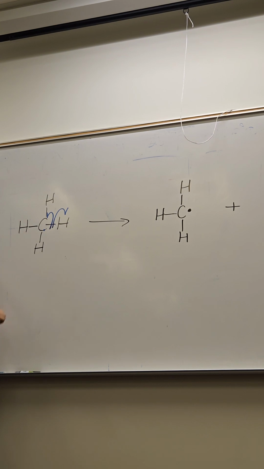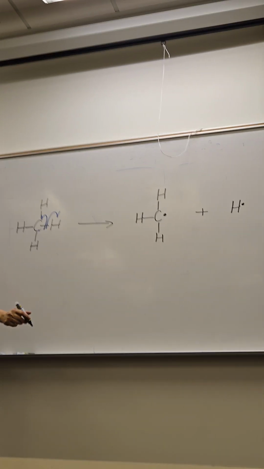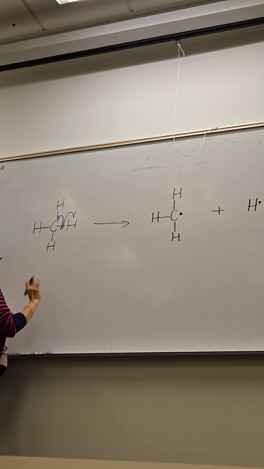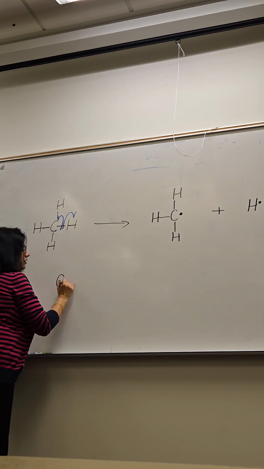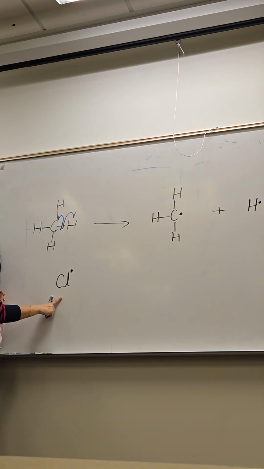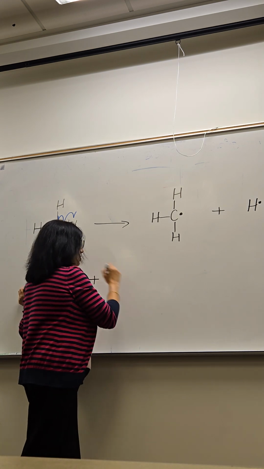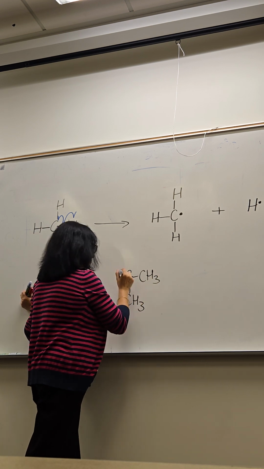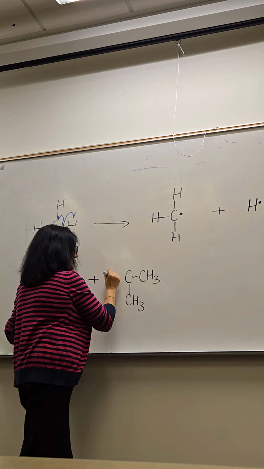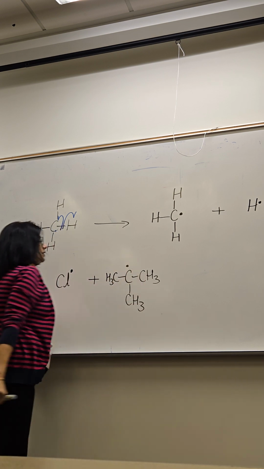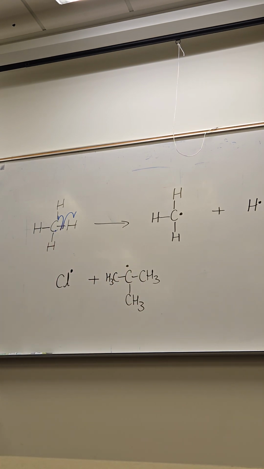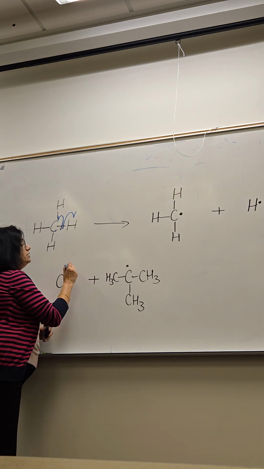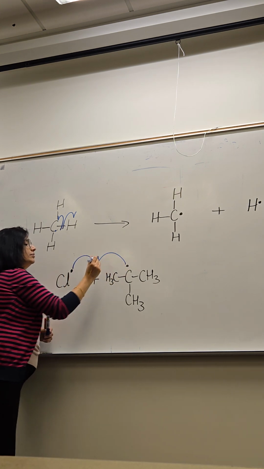You guys agree? So what do you think will happen if, again, it has nothing to do with that reaction, we're just trying to remember things we did last quarter. What if I have a chlorine atom, chlorine radical, of course there are other electrons too, but we don't care, and a t-butyl radical, and they both have unpaired electrons, but the electrons come together.